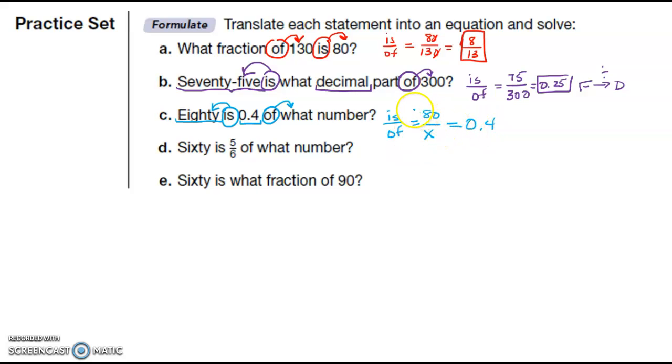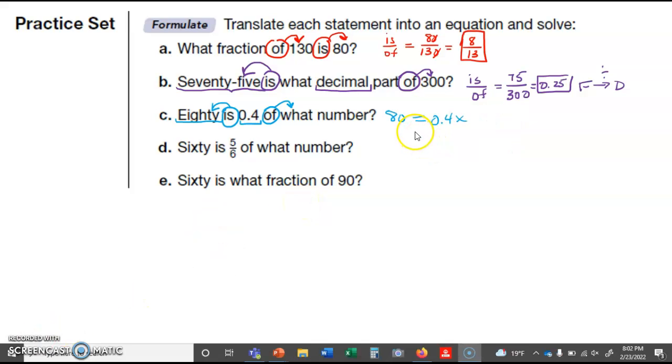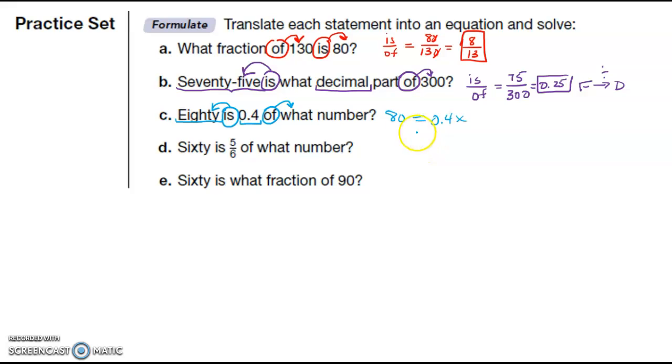So now we have to solve this thing. Oh, that's ugly. This can't be right. There's another way to do this. I knew there was something wrong with that. I'm so sorry. Okay, so 80 is, so 80 equals 0.4 times a number.